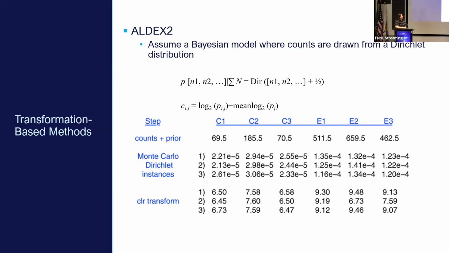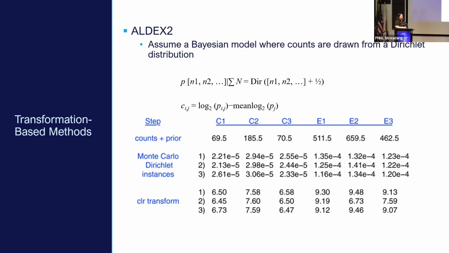Once they've done that, they compute test statistics. And so this is what it looks like in the steps. You've got for one gene here your counts plus a prior, in this case, a half. They draw these counts from this Dirichlet distribution.